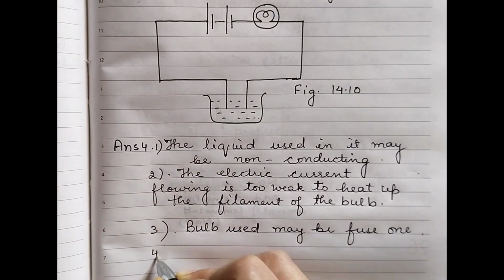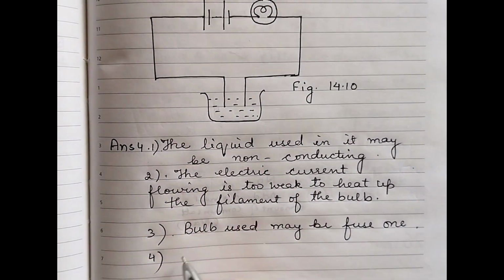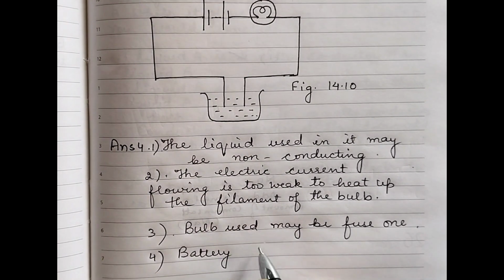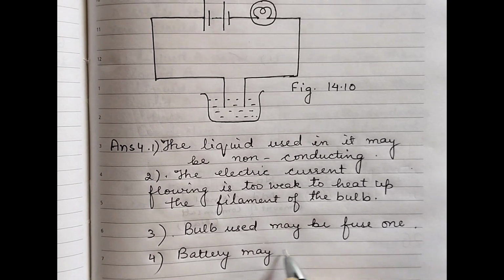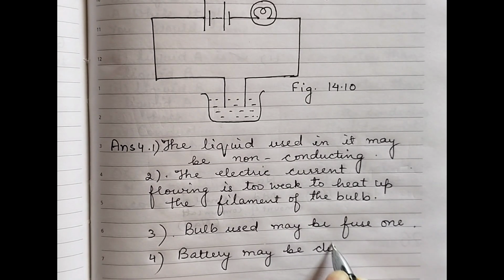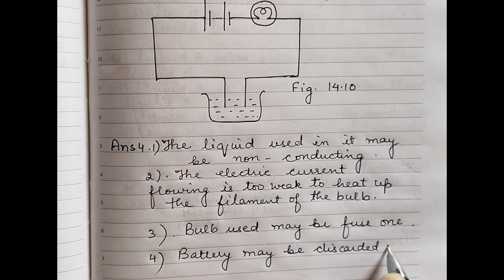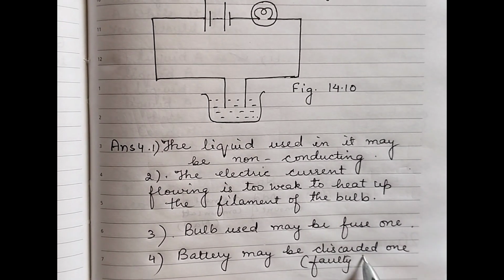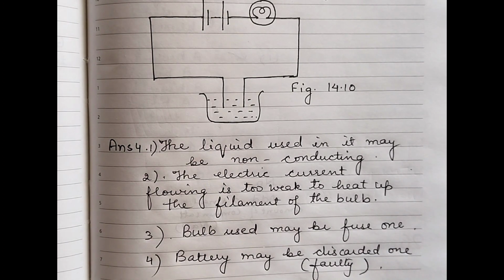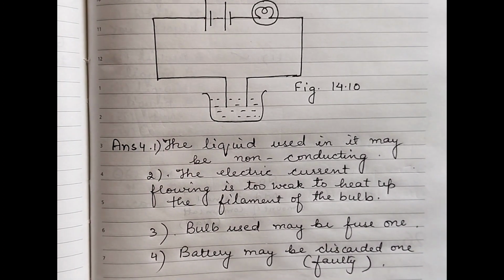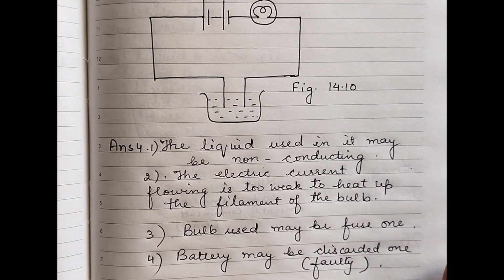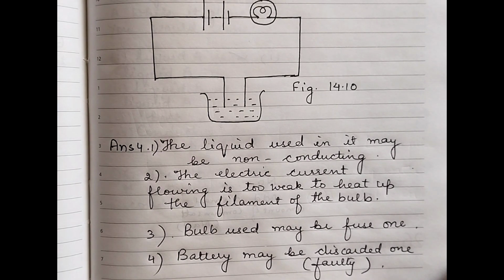Fourth one is the battery may be a discarded one or faulty, you may say. All these reasons are responsible for the bulb not glowing. Under these circumstances, we can explain this answer.